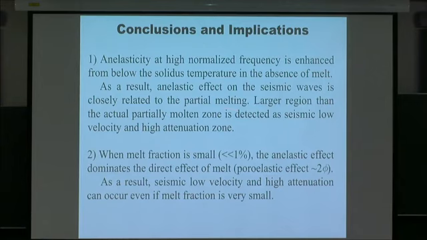Also, larger region than the actual partially molten zone is detected as seismic low velocity and high attenuation zone. Also, when melt fraction is very small, the anelastic effect dominates the direct effect of melt, which becomes very small for small melt fraction. As a result, seismic low velocity and high attenuation can occur even if melt fraction is very small. That's all. Thank you very much.